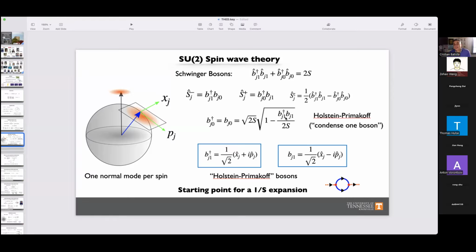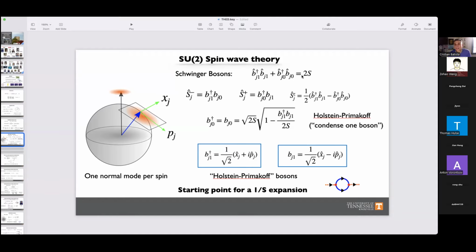So the trick is, in that way we bosonize our Hamiltonian. We can write the spin Hamiltonian in terms of bosons. This Hamiltonian will contain quadratic terms in the bosons that correspond to the spin wave Hamiltonian, and then terms that are not quadratic, like cubic or quartic, that will account for the interaction.